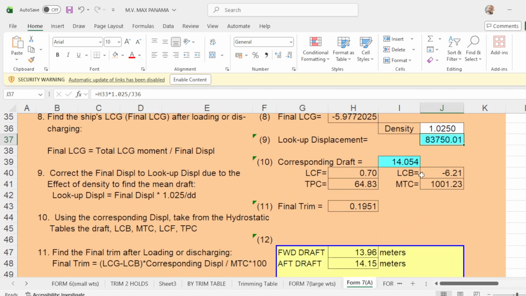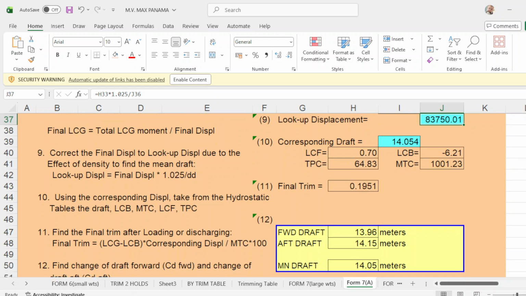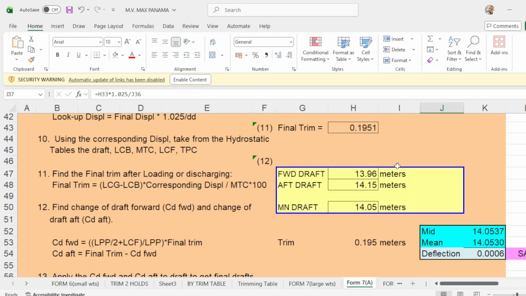This is your mean draft when floating in seawater, and this will be her forward and aft draft when she floats in salt water of 1.025. Her trim is 19 centimeters or 0.195 meters, her forward draft is 13.96, aft draft is 14.15, and her mean draft is 14.05.